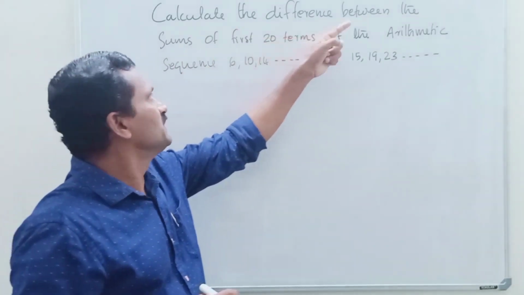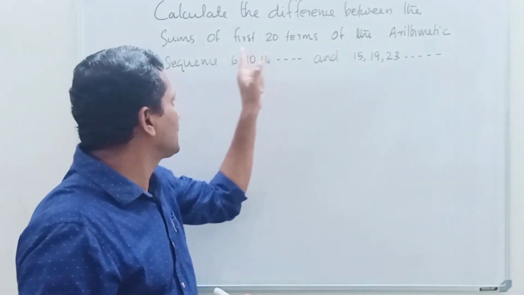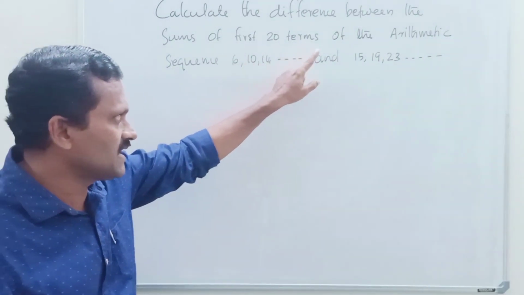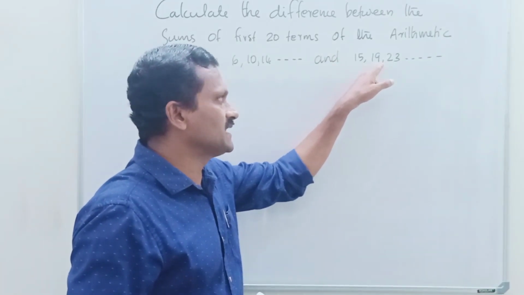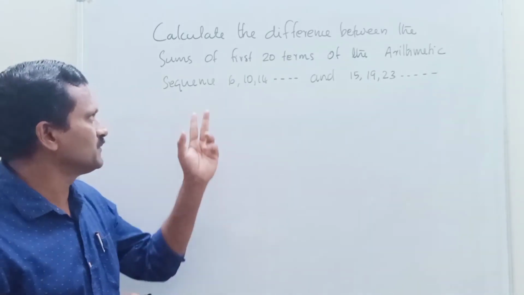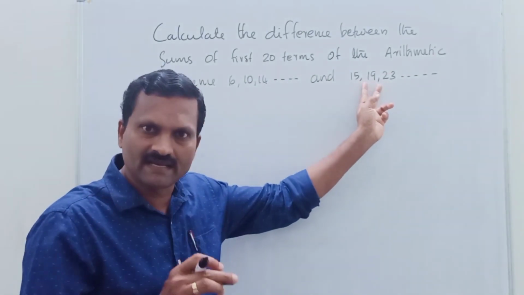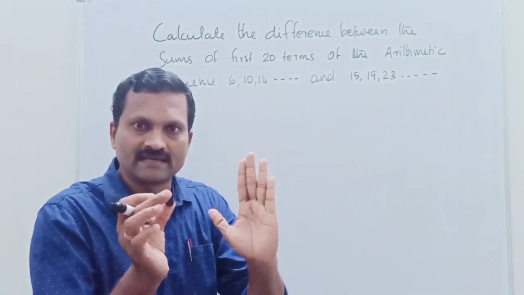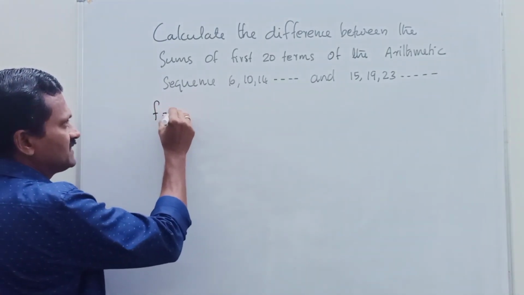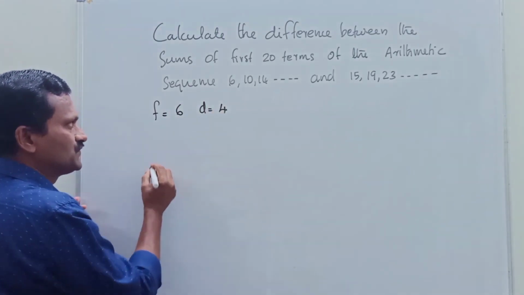Calculate the difference between the sums of the first 20 terms of the arithmetic sequence 6, 10, 14, etc. and 15, 19, 23, etc. We first find the sum of the first arithmetic sequence, then find the sum of the second arithmetic sequence, then take the difference in sums. For this, the first term f equals 6 and the common difference d equals 4.